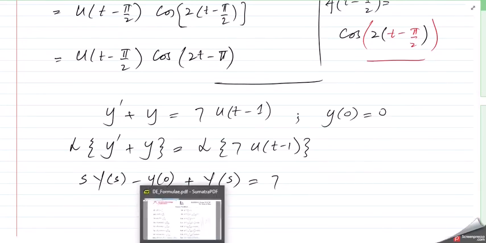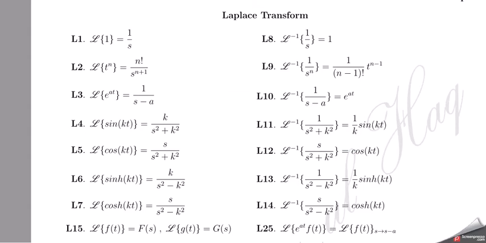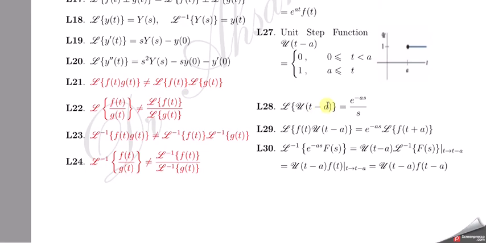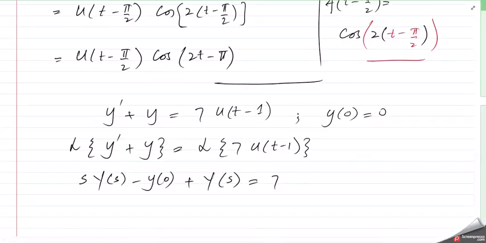We have done this. The formula is Laplace of u(t minus a) is e raised to minus as over s. So just replace a with 1 here, so that will be e raised to minus s over s.